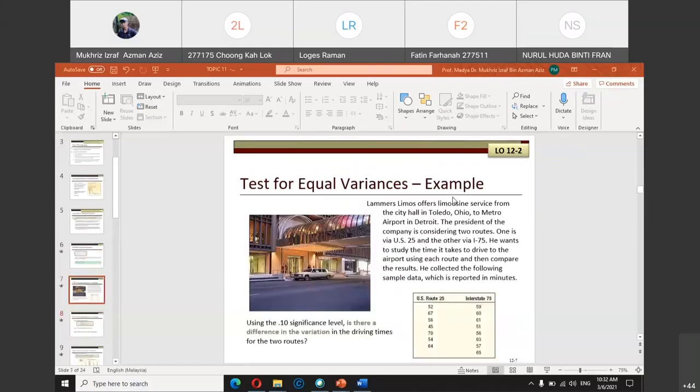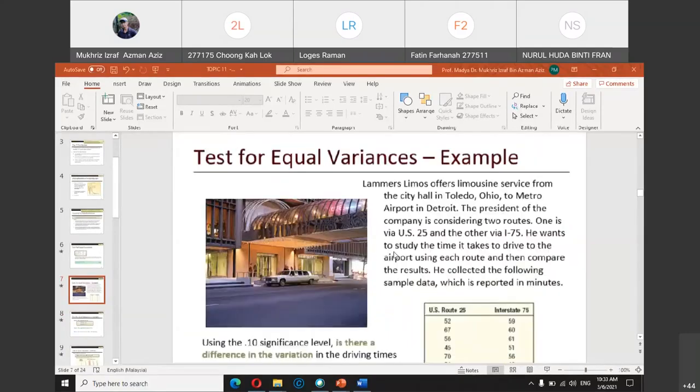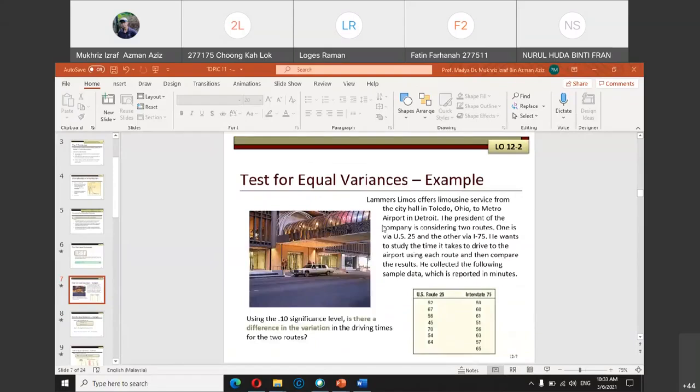Okay, so for example, you have this simple scenario. We have two companies providing limousine service at the airport. They have two routes, one via this highway and another via this road.